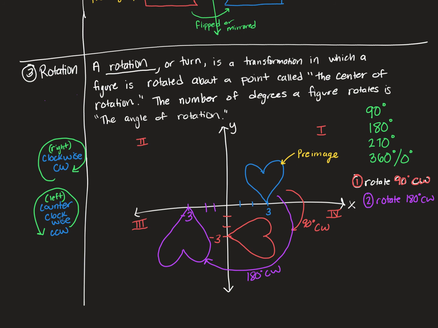Oh, it looks like it's going to be red. All right, I'll do it in yellow. So let's rotate 270 degrees clockwise. So that means I will now be at 3 on the y-axis, and my shape will look like this.